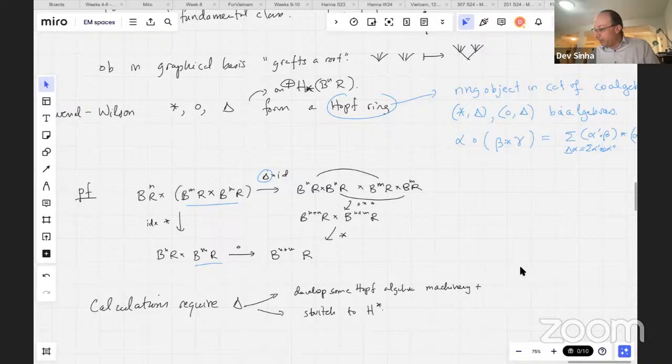I mean, again, the point is that, for example, the diagonal copy of RP3 inside of RP infinity is homologous to a copy of RP3 in the first factor, a copy of RP3 in the second factor, and all copies of RP2 cross RP1.